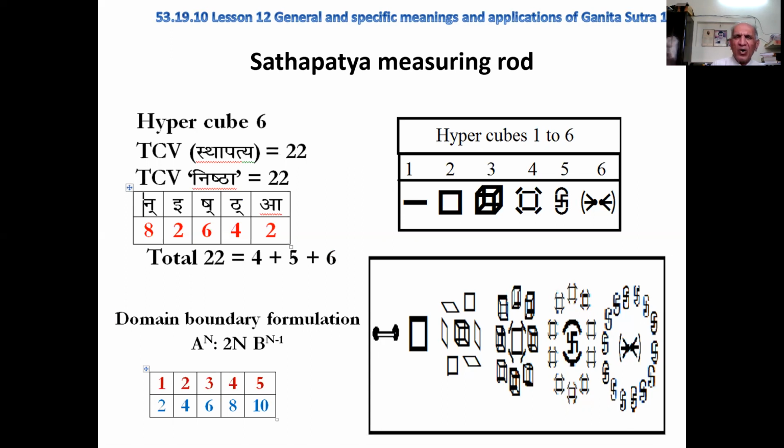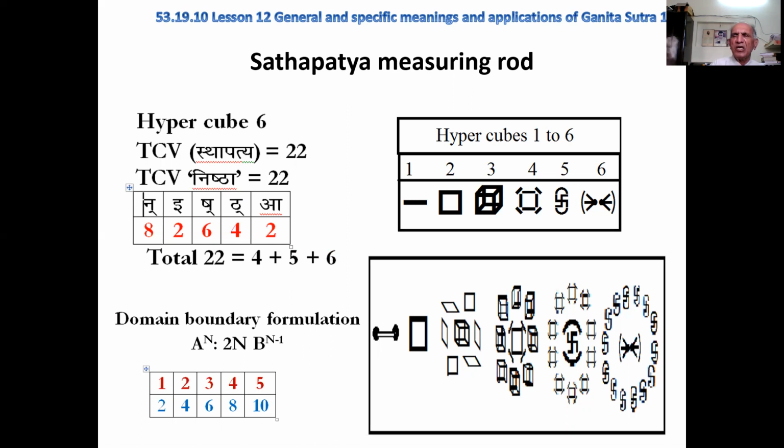See how these values are making a sequence of values 2, 4, 6, 8, and 10, and it is a symmetry rule, proportionality rule, the follow the form as it is framed rule of Ganita Upsutra 1 for the sequential rule of 1, 2, 3, 4, 5, 6 of Ganita Sutra 1.